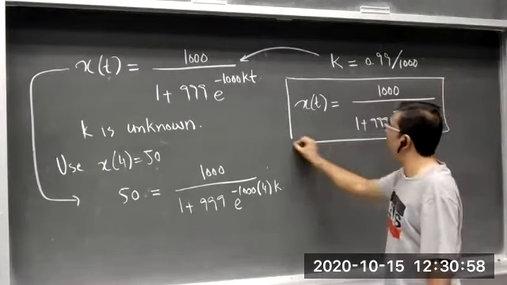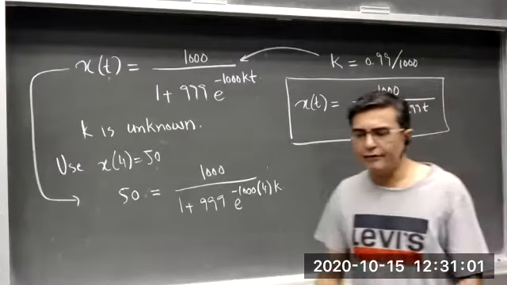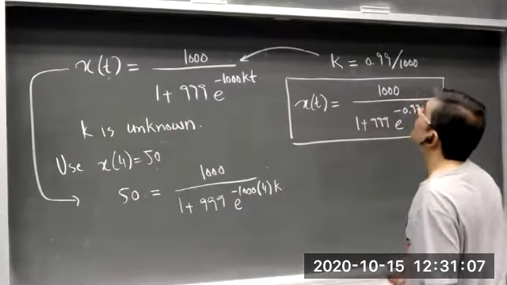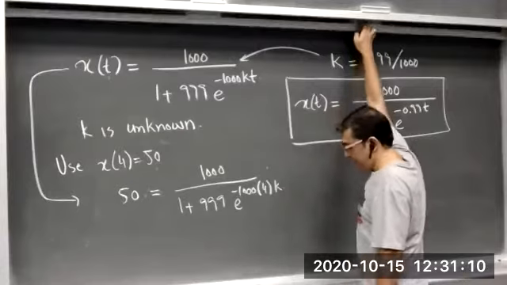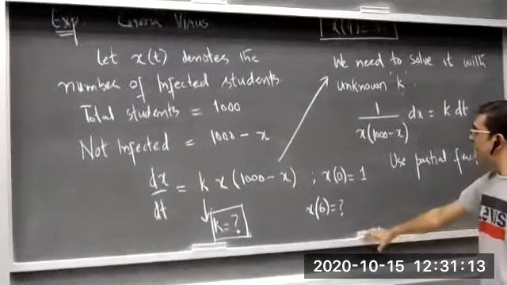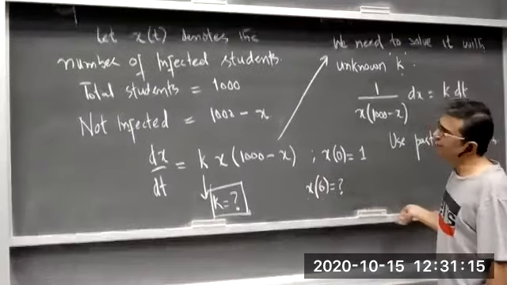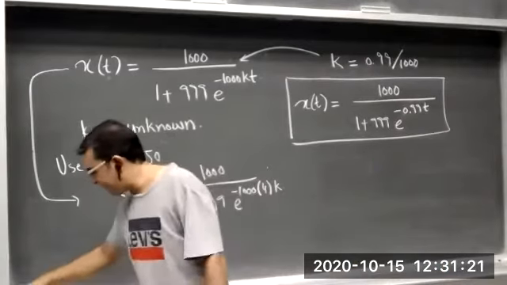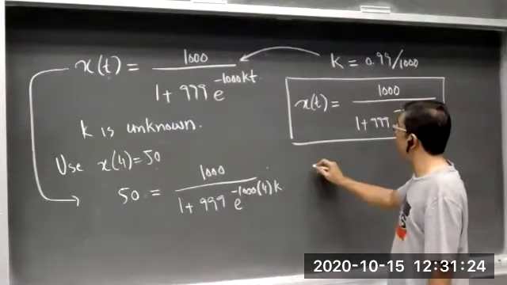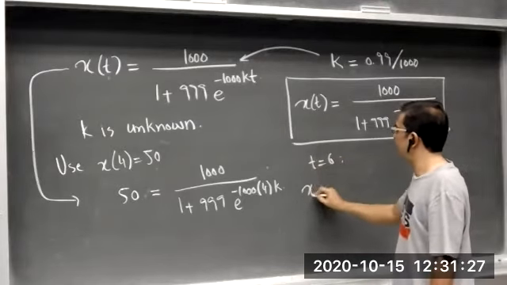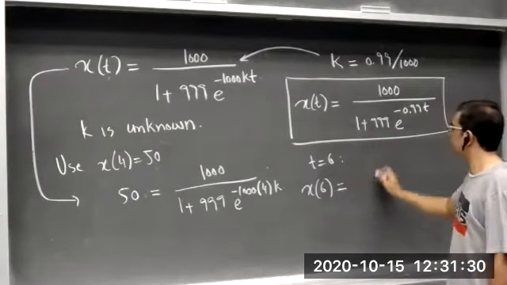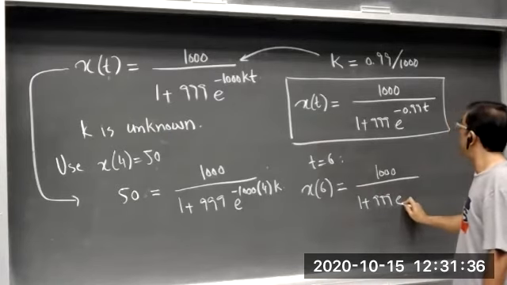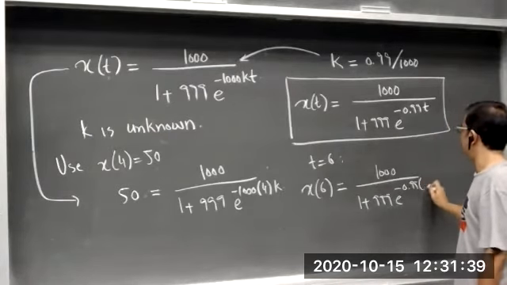Now we can calculate the number of infected people after any number of days. In that question, it is asked to find the number of infected people after 6 days. So by inserting t equal to 6, we compute x of 6 equal to 1000 divided by 1 plus 999 into e raised to the power negative 0.99 into 6.